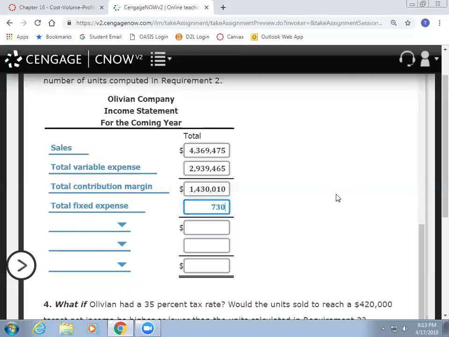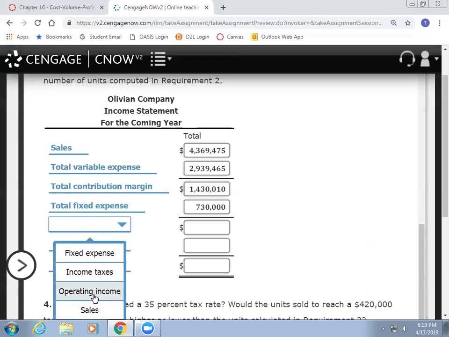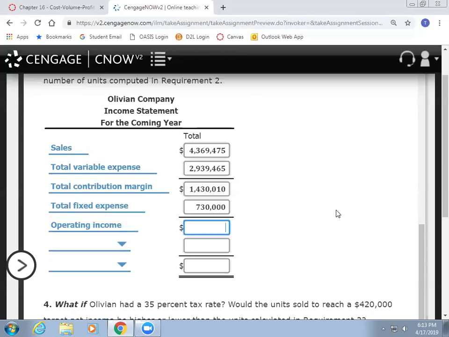So we're going to subtract out our fixed expenses of $730,000. So our operating income would be $700,010. So again, it's not perfect, right? Because our pre-tax target was $700,000, but that's due to the rounding of those units.